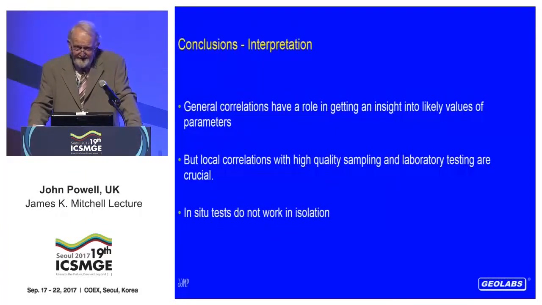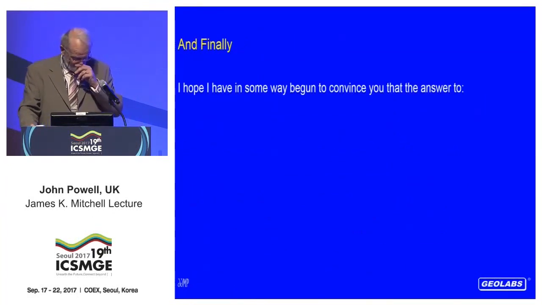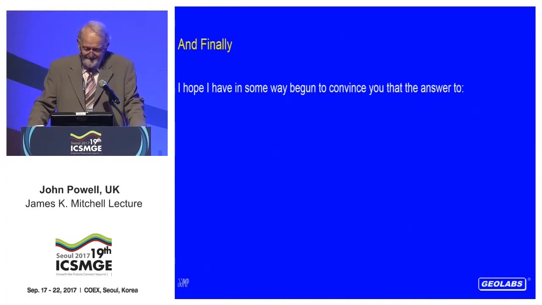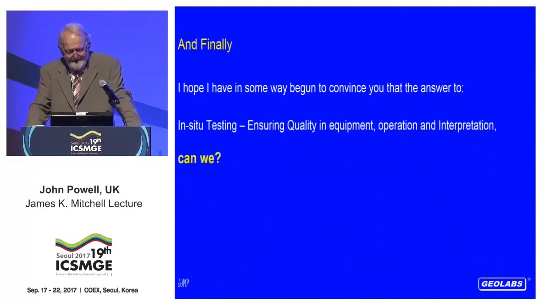I would love to say they did. So finally, I hope that in some way I've begun to convince you that the answer to in situ testing, ensuring quality in equipment operation and interpretation, and the question, can we, is, wait for it, yes.